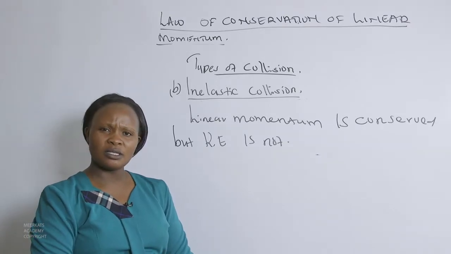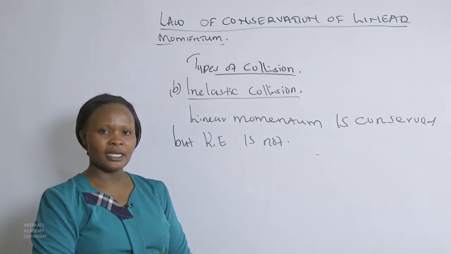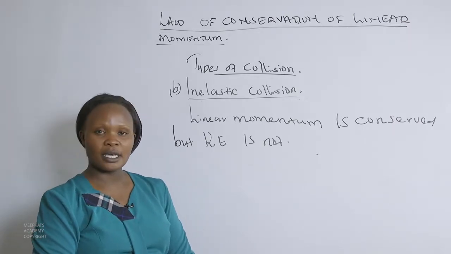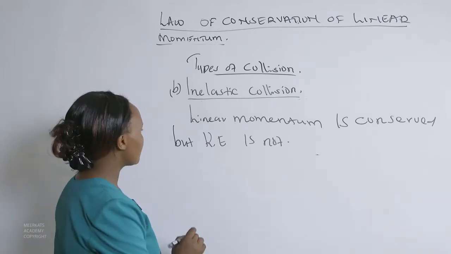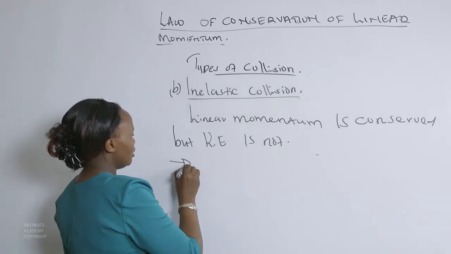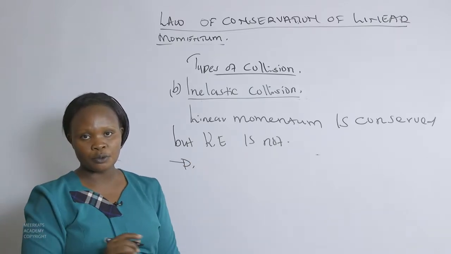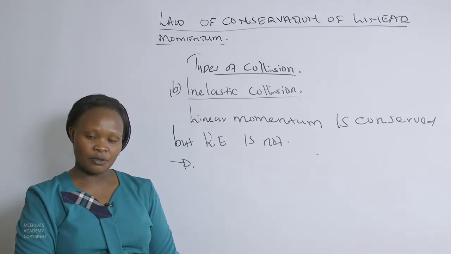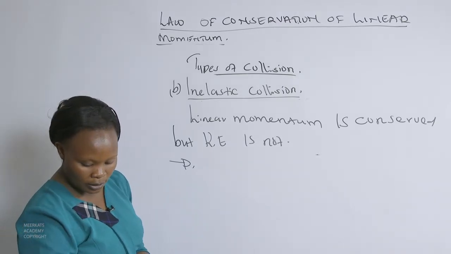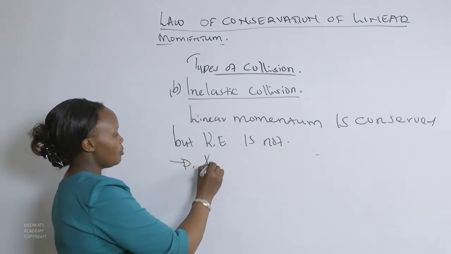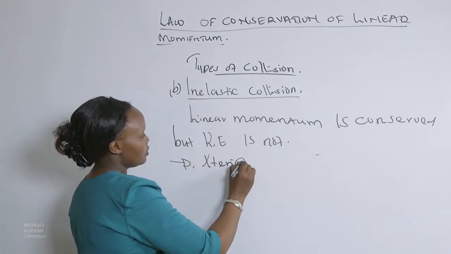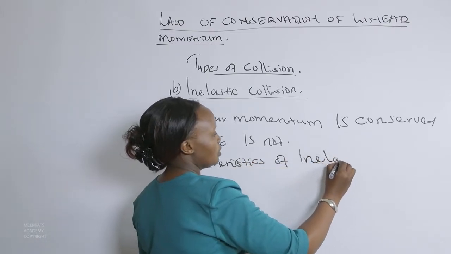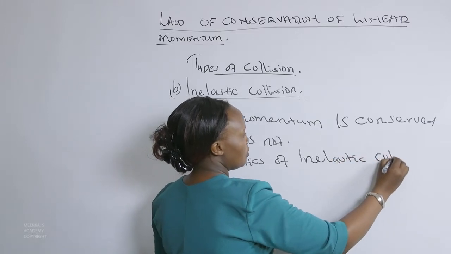Now, why do we say that kinetic energy is not going to be conserved? Now, in this case, bodies fuse and move together as a unit. And therefore we can come up with the following characteristics of inelastic collision.